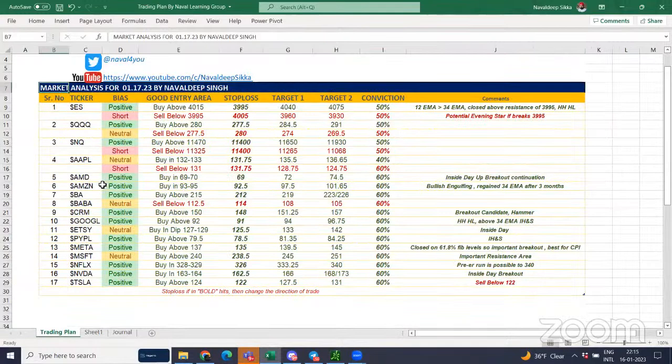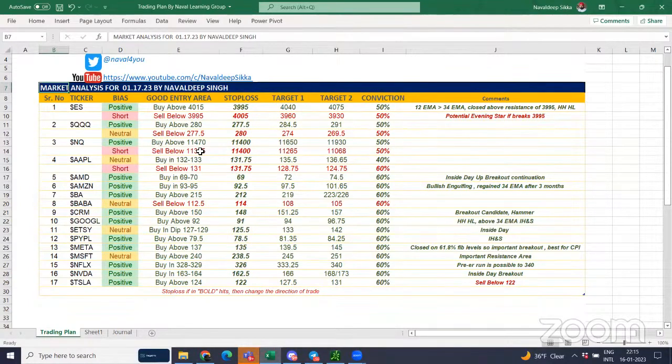People who are joining for the first time should be aware that I use this pre-planning for my market analysis for next day. I choose some tickers, have some buys on them, prepare for a good entry area, and whenever they are there, I try to enter in that area or whatever is mentioned above or below that area.